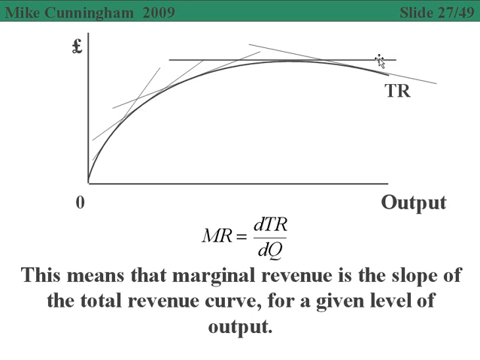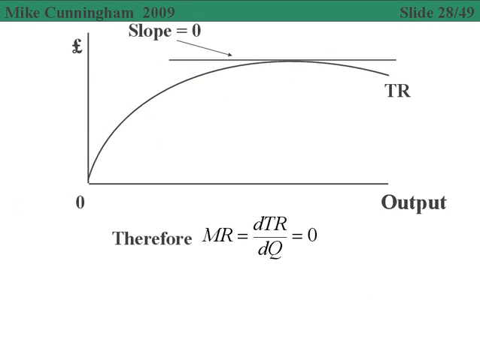Marginal revenue is equal to 0. It's horizontal. There is no gradient on the tangent. So the total revenue is maximized. So the slope is equal to 0 at that point, and at that point, therefore, MR is equal to dTR by dQ, the change in total revenue divided by the change in quantity, where d is a very, very small measure.